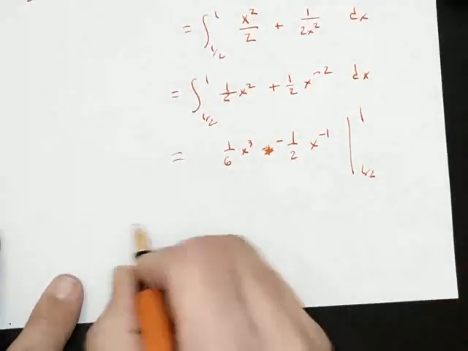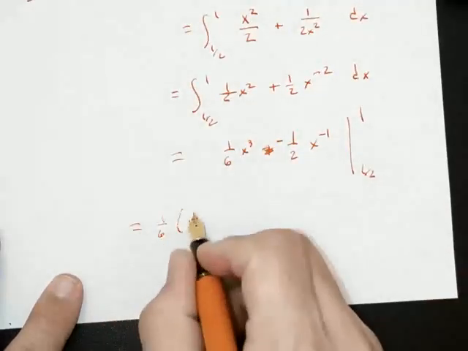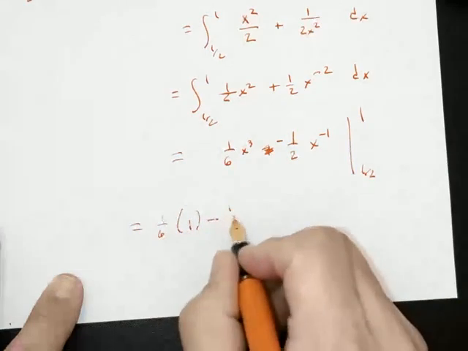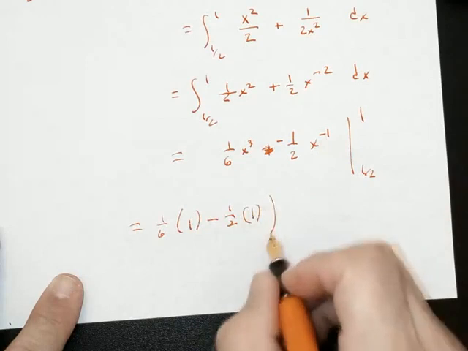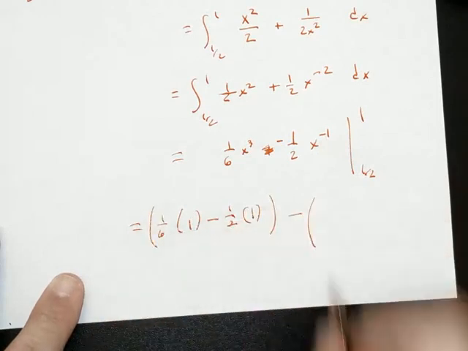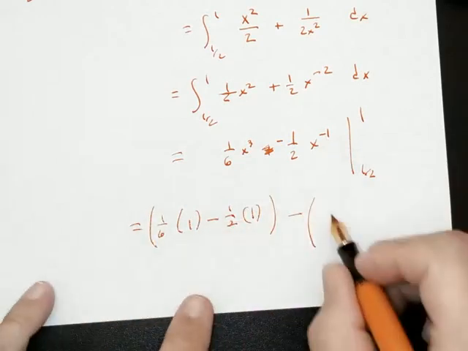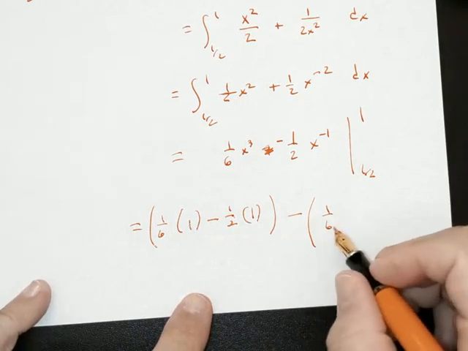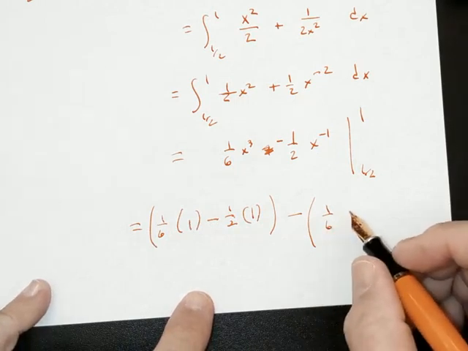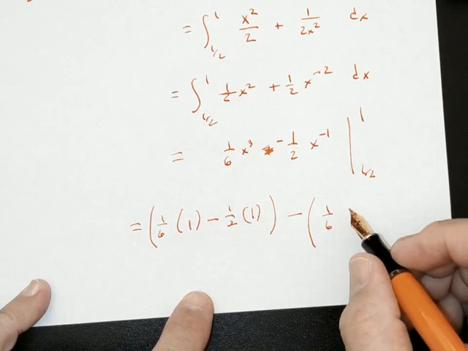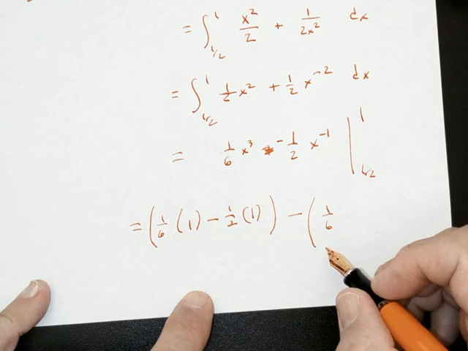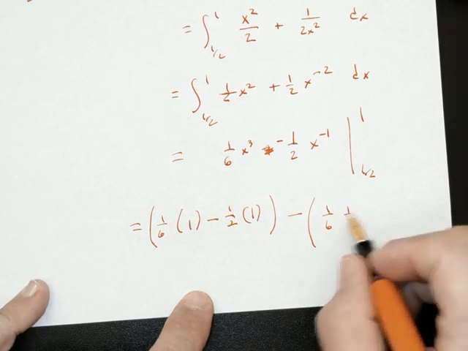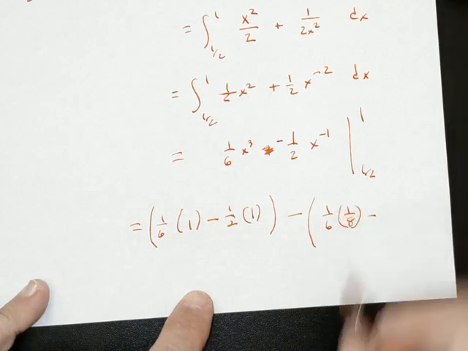When I plug in 1, 1/6 minus 1/2, 1 raised to any power is 1. Minus, I put in a half. 1/6 times 1/2 cubed. When you cube something that's a fraction, you cube the top, cube the bottom. So that's 1 cubed, which is 1, over 2 cubed, that's an eighth.